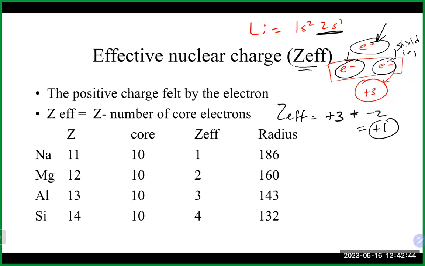As you might know, the strength of attractive forces increases with charge. A +3 and a -3 are much more attracted to each other and held together more strongly than a +1 and a -1. Because it only feels a +1 attraction to the nucleus, it's not going to be held as tightly.